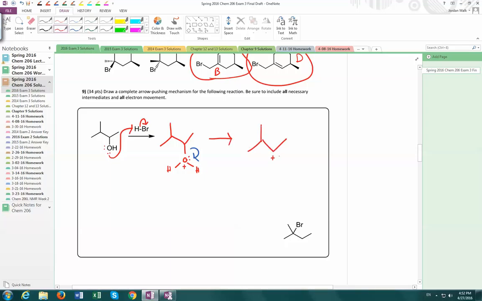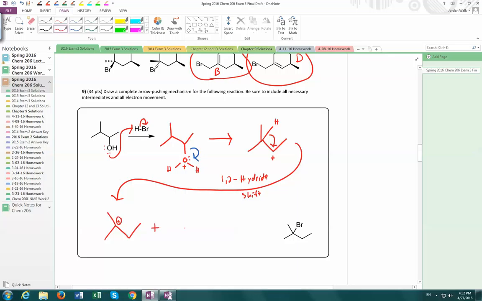And so we've got that. Now we've got to figure out how to get from this to this. And so how do we go from that secondary carbocation to something that will lead to that? Do a shift. What kind of shift? A hydride shift. Yeah, so we're going to undergo a 1,2 hydride shift. And so that leads to this tertiary carbocation.